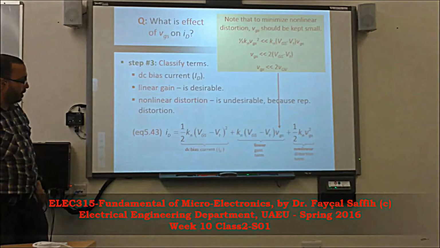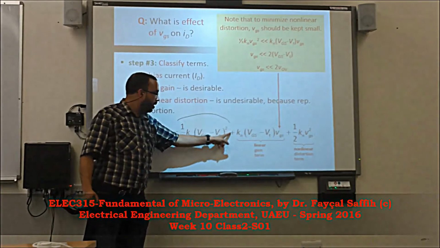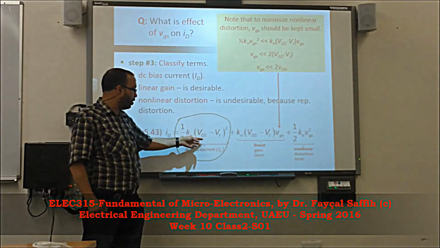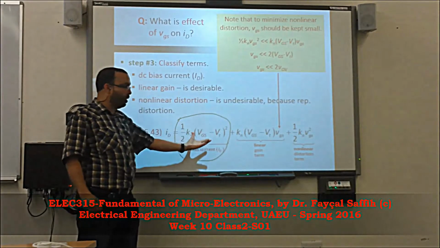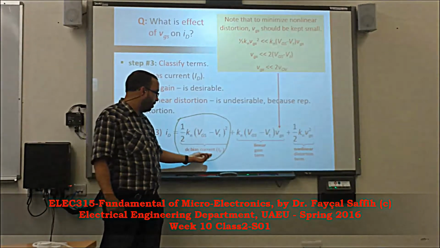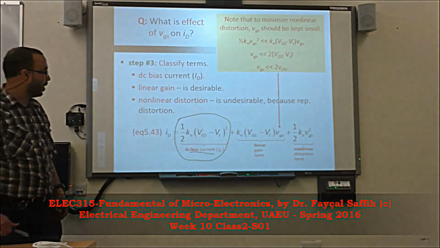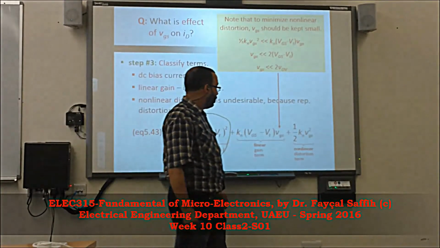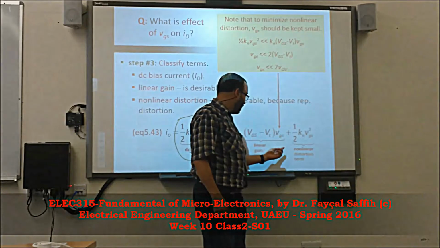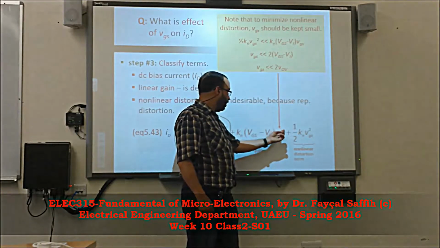Now, some analysis. This is nothing but the DC current, because there's no AC here. It's exactly the DC ID that we studied, which we call the DC bias. This other term is really interesting.